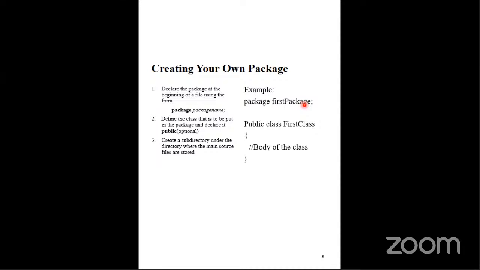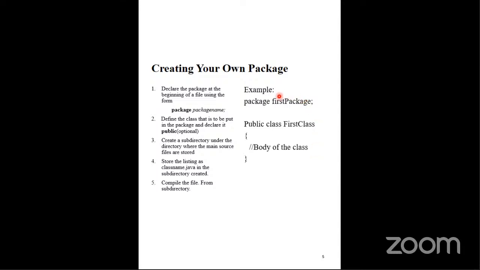Now the Java file in which I am writing all this, package FirstPackage, public class FirstClass, this Java file will be inside that folder named FirstPackage. Store the listing as the class name .java in the subdirectory created, and then compile the file from within that subdirectory. Okay, so I quickly repeat.